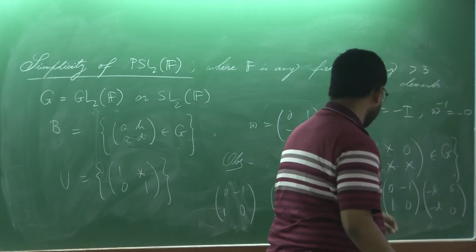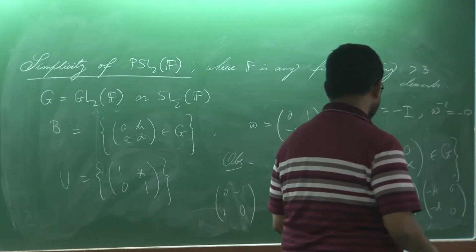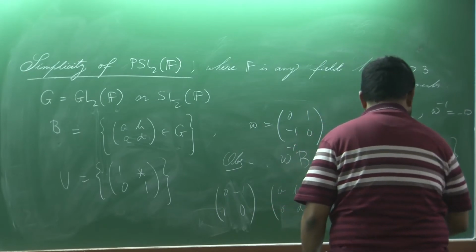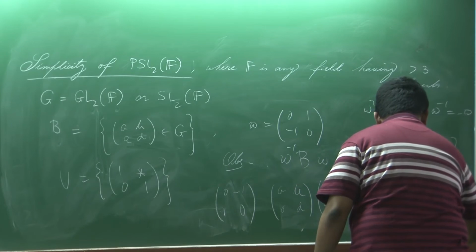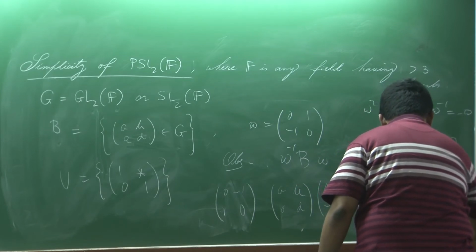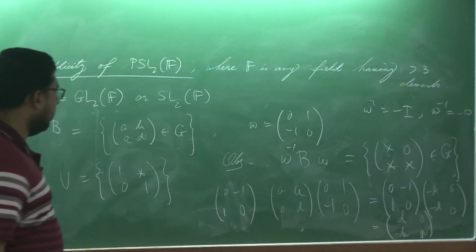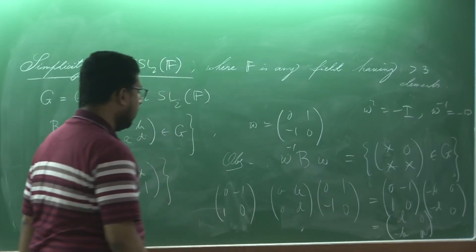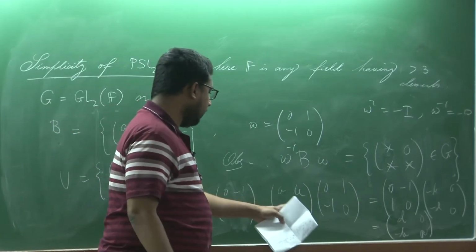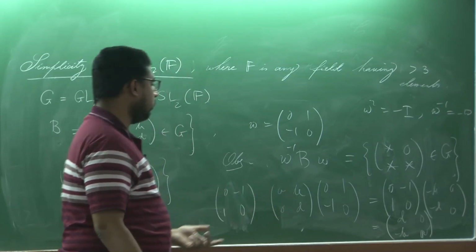Now when you further do it, you should have (D 0; -B A), right? So the upper triangular is being changed to lower triangular. In particular, diagonal entries are also being swapped.